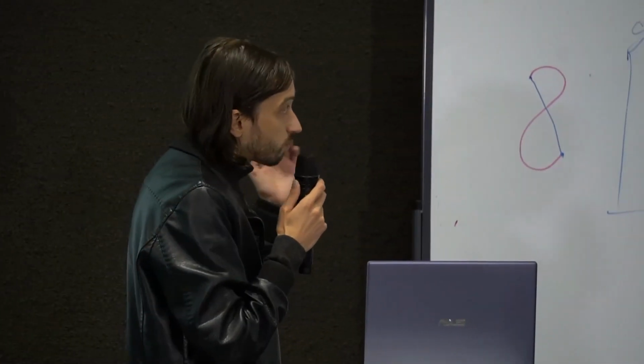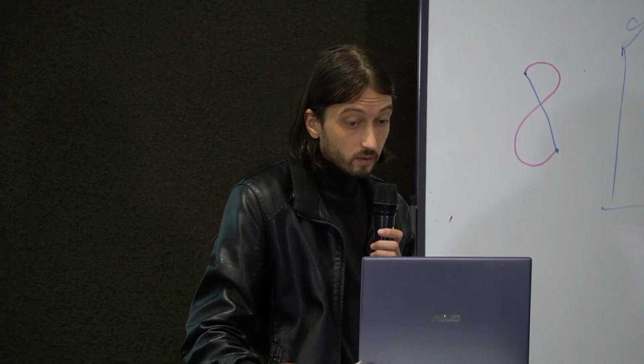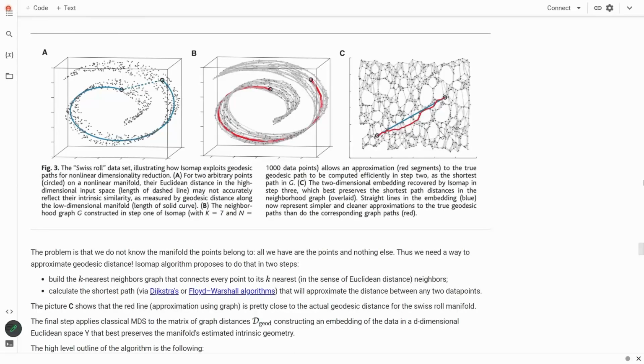So image C shows you how it looks when unwrapped. And you see the actual geodesic distance that we should have between points A and B. And we see some approximations that we can get with our graph, shown in red.